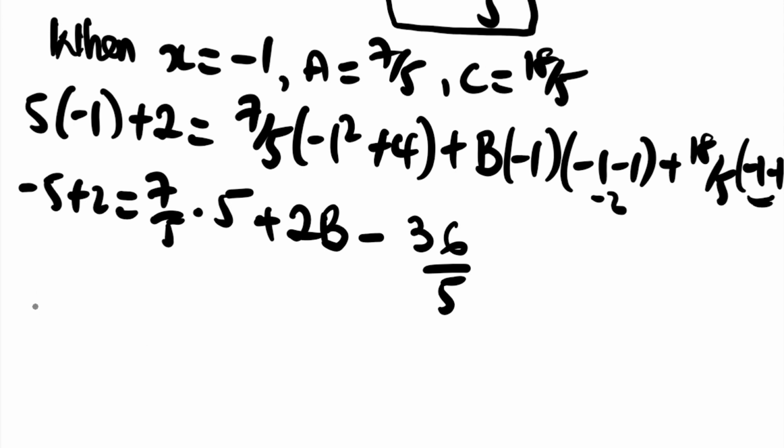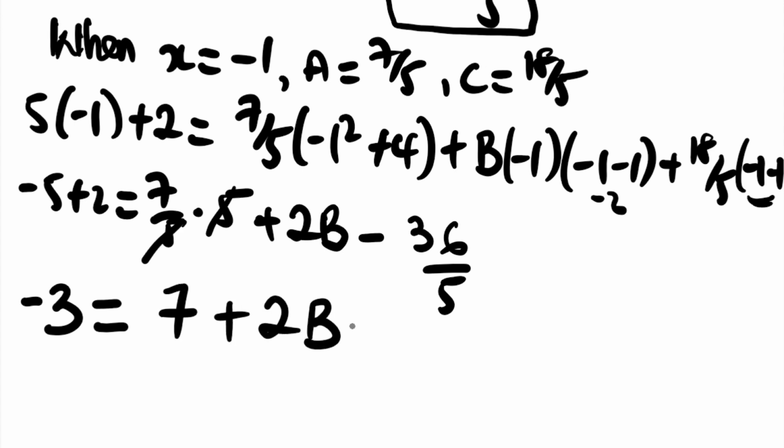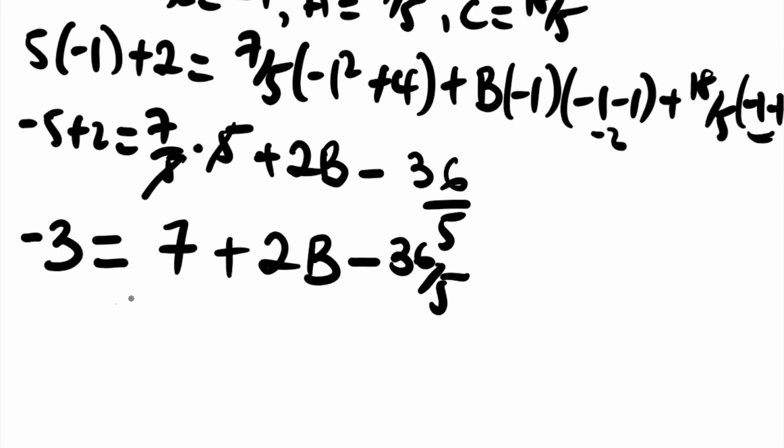Okay, so I'll have negative 3 equal to this. Eliminate this, I will have 7 plus 2b minus 36 over 5. So if I have this, then I will now have the value for b.